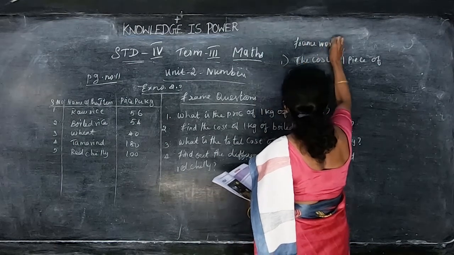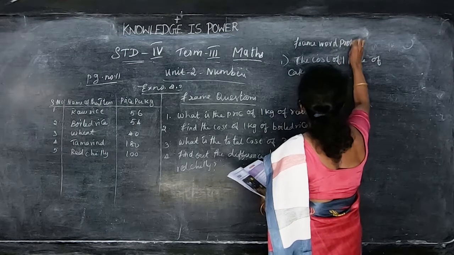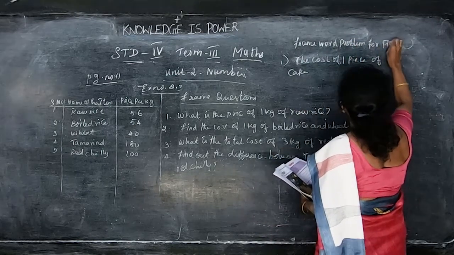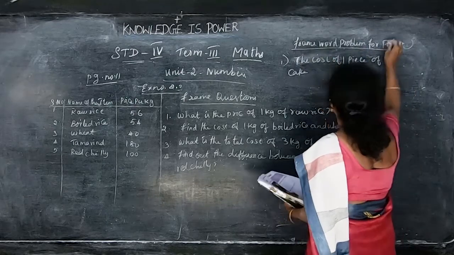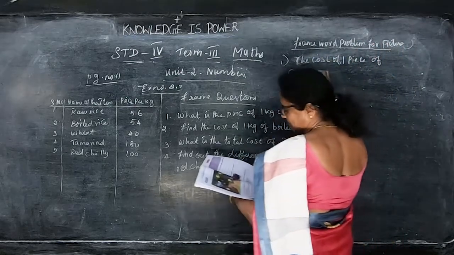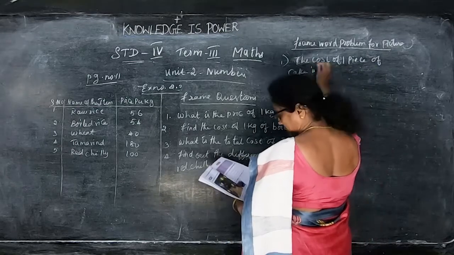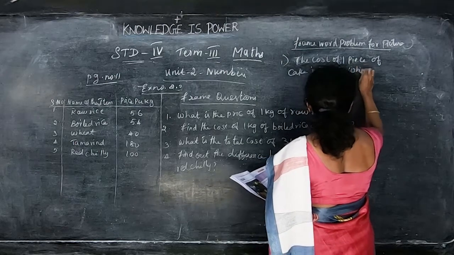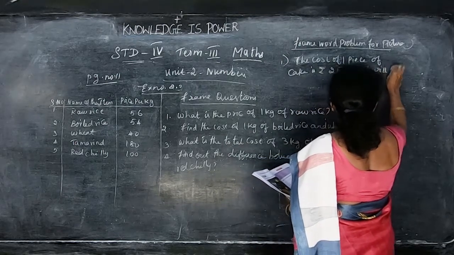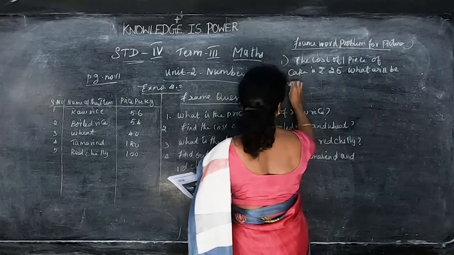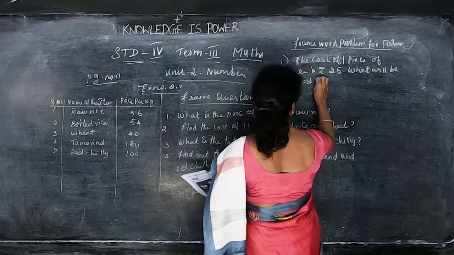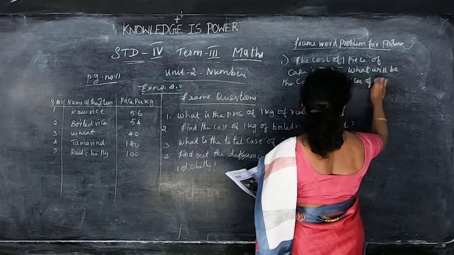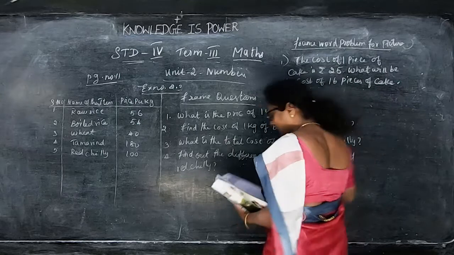Frame word problem for picture given. The cost of one piece of cake is ₹25. What will be the cost of 16 pieces of cake? Okay, this is the way of framing the question.